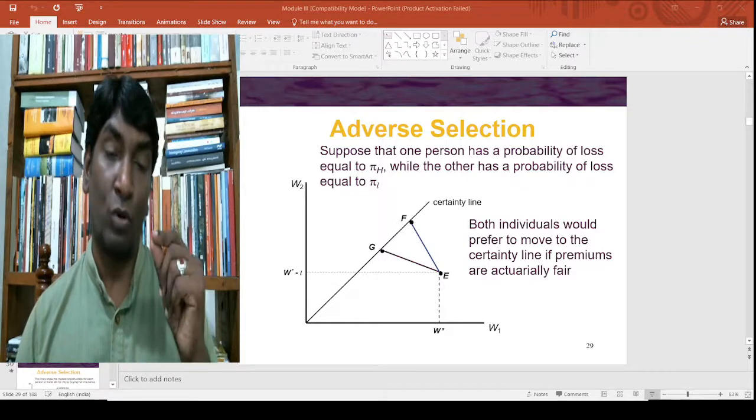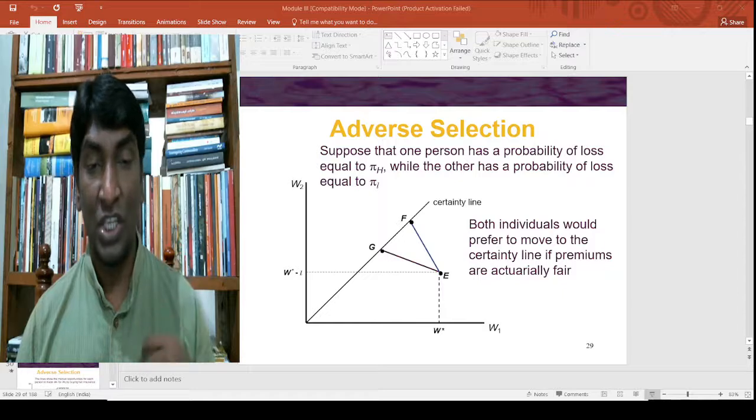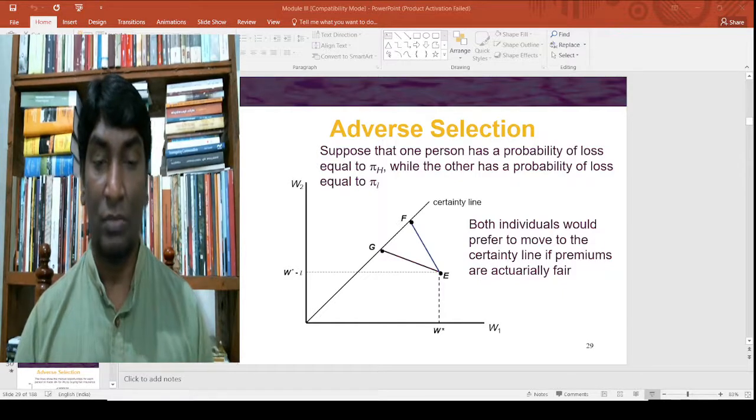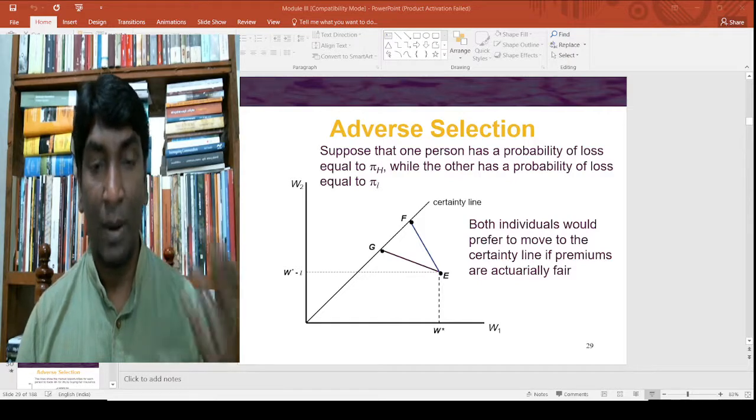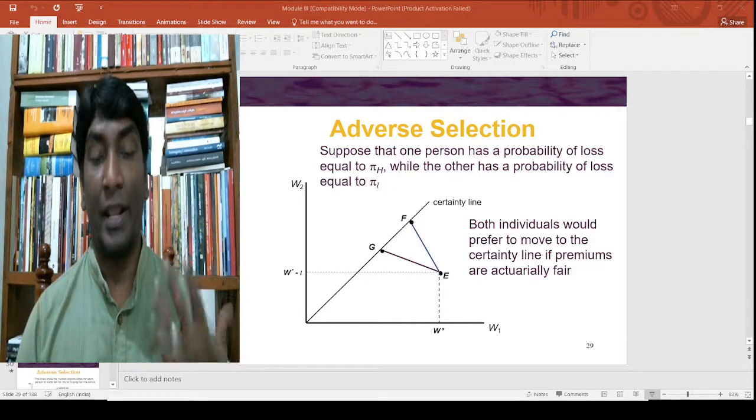At the same time, the slope of G is minus (1 minus pi h) by pi h.